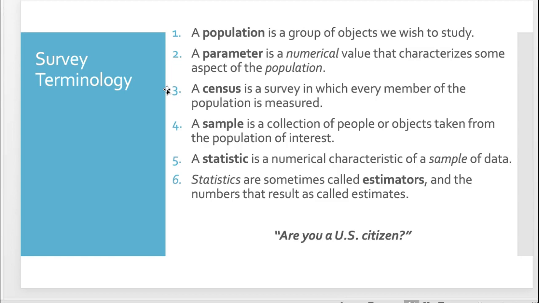Right now, the US is getting ready to create their census, and the Trump administration wants to add a question: are you a US citizen? There's much debate going on about getting this question added to the survey. The administration says we should know who's a citizen and who's not, and some people are afraid of how the data will be used.